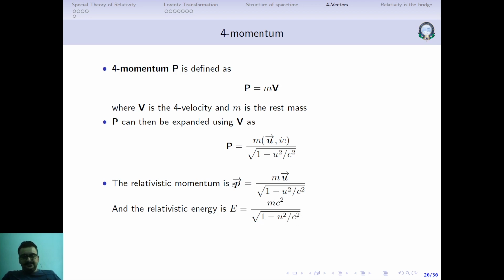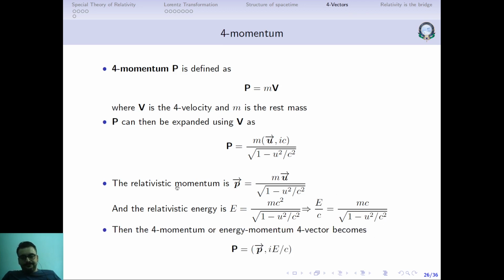So it gives you a clue: I can take one c here, so E by c will give us mc divided by under root 1 minus u square by c square, and you can put these in over here, because the first three components, mu divided by under root 1 minus u square by c square, is nothing but p.